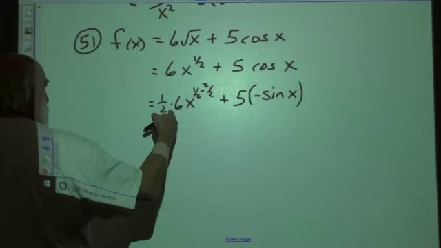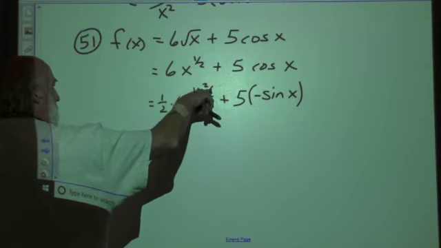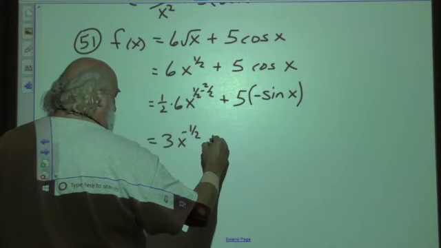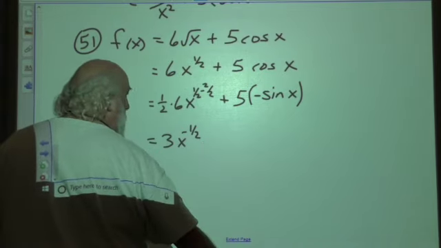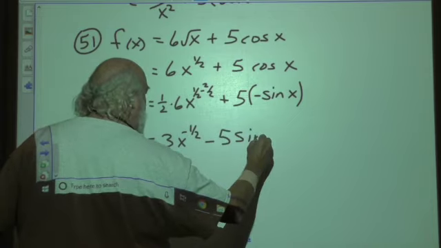So this becomes 1/2 of 6, which is 3. x to the 1/2 minus 2 halves is negative 1/2. And positive times a negative is a negative 5 sine x.